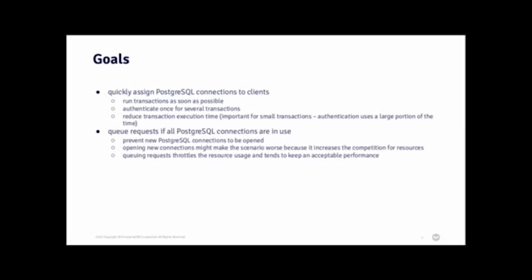And the second goal is that we want to throttle requests if we are using a lot of connections. Instead of letting the application open connections indefinitely, we limit them, and then we avoid some issues.